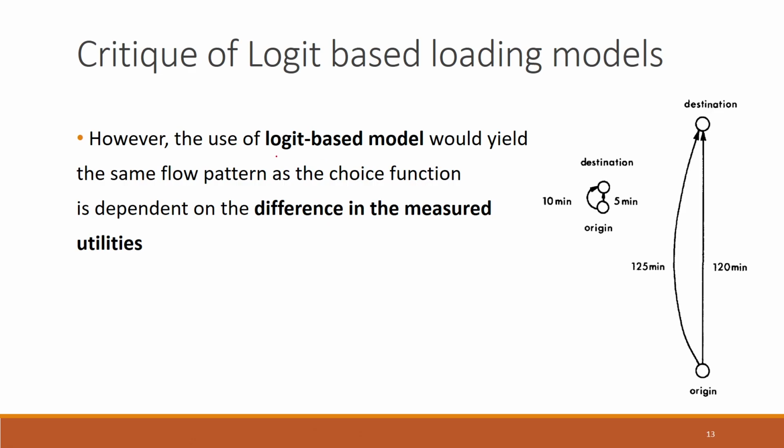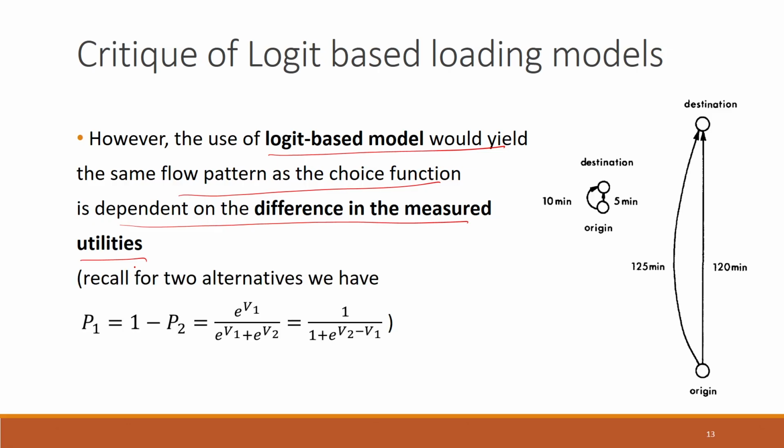However, if we will be using the Logit based model to decide the flow across these two paths here, in both of these two cases, we will be getting the same flow pattern, as the choice function is dependent on the difference in the measured utilities. Why is that?